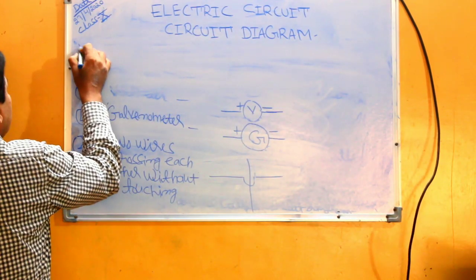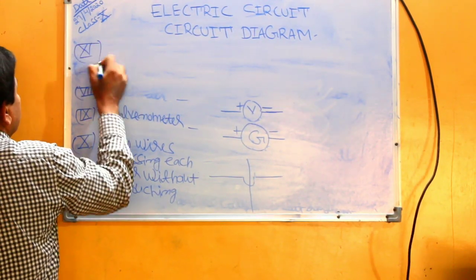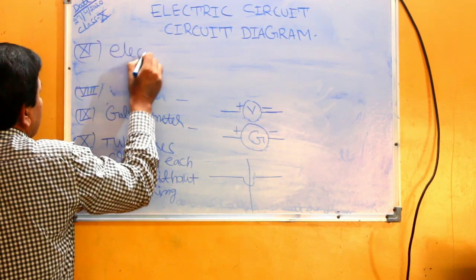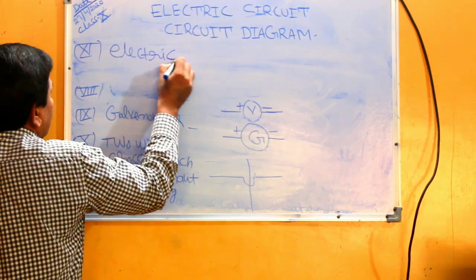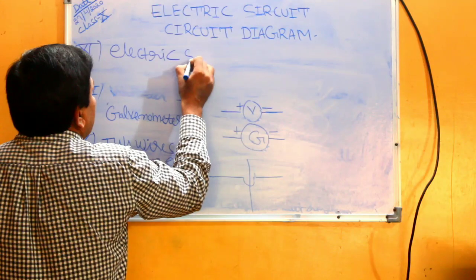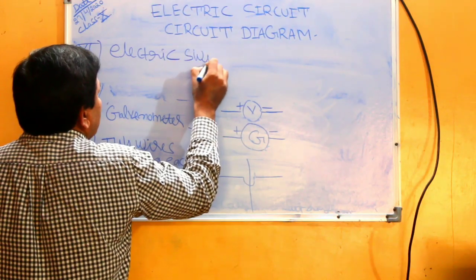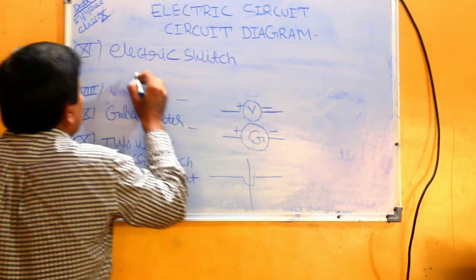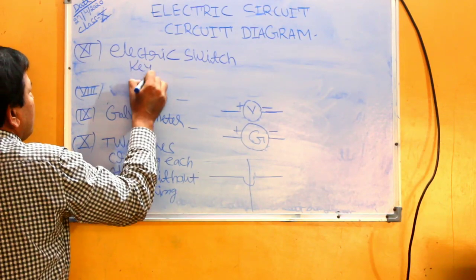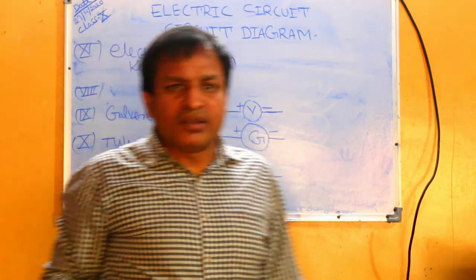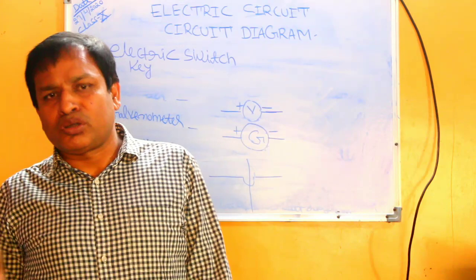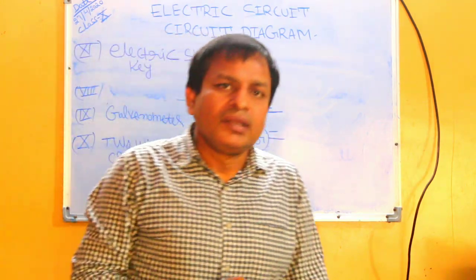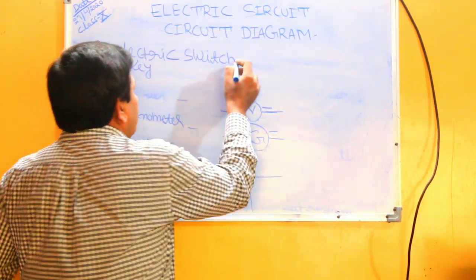And switch. The main thing is the electric switch or electric key. This is a very important component in a circuit. We cannot close or break the circuit without a switch.